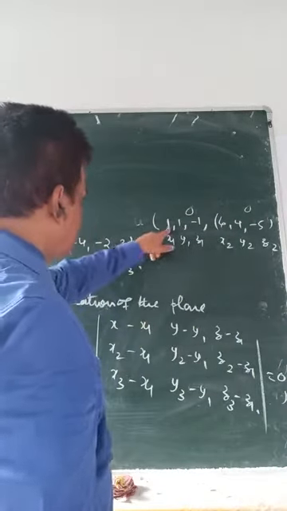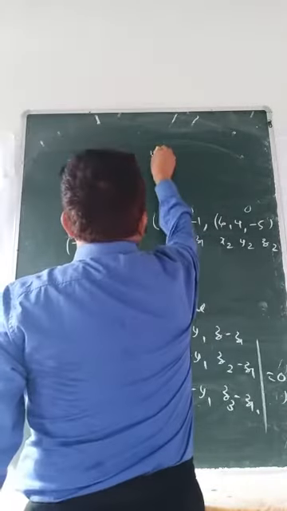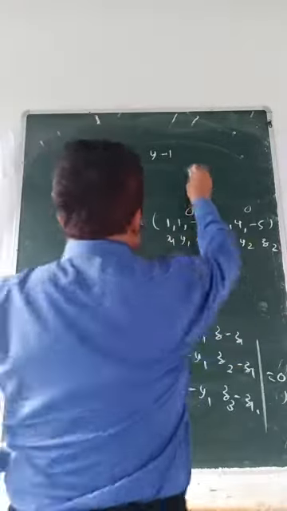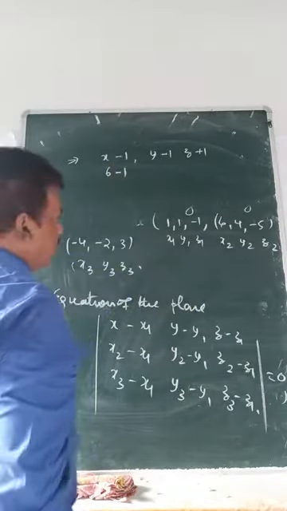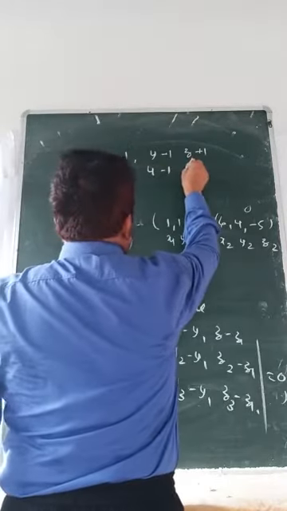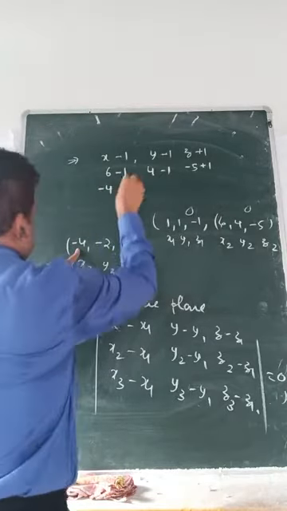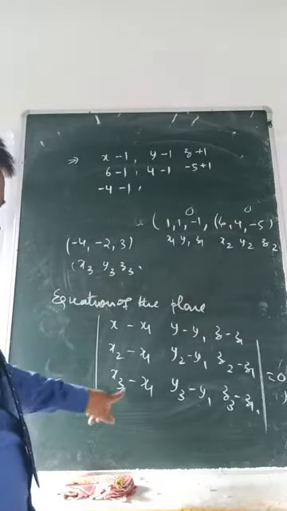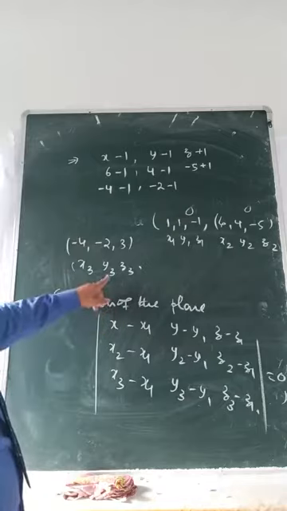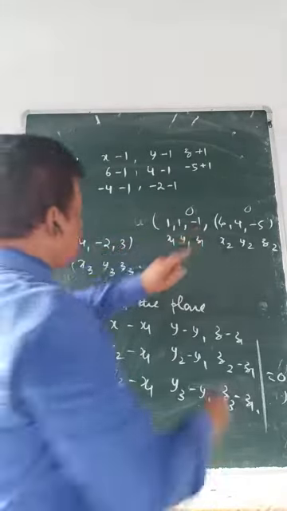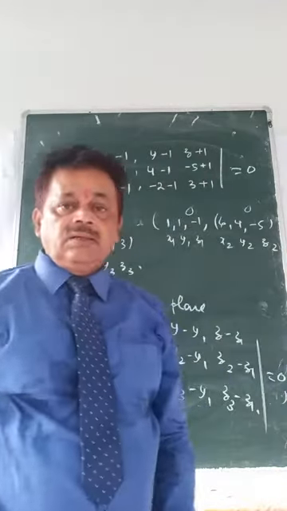Look, x minus x1 is x minus 1, y minus y1 is y minus 1, z minus z1 means z plus 1. x2 minus x1 is 6 minus 1, 4 minus 1, this is 5 plus 1. x3 minus x1 is minus 4 minus 1, y3 minus y1 is minus 2 minus 1, z3 is 3 plus 1. Whatever result comes after this expansion, that is the equation of the plane.